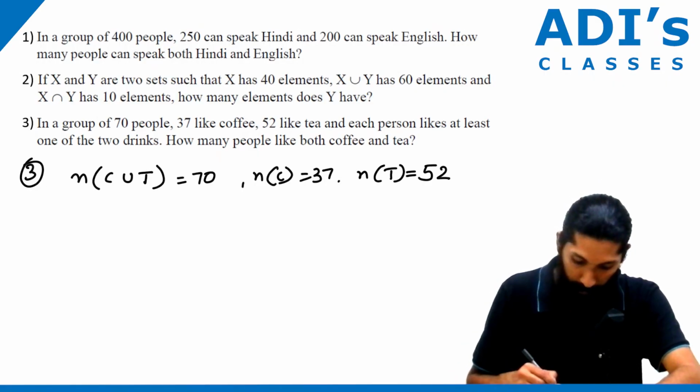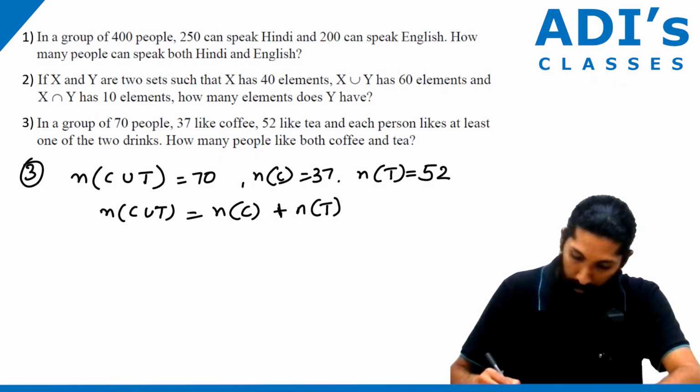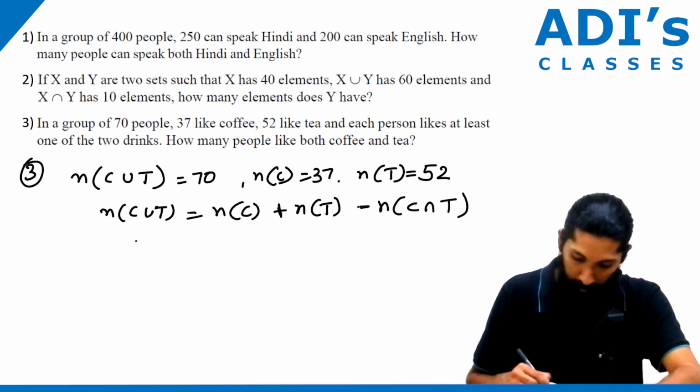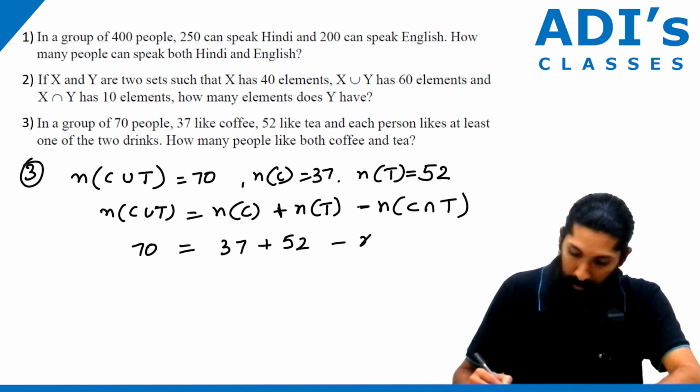So you have n of C union T is equal to n of C plus n of T minus n of C intersection T. So you have 70 is equal to 37 plus 52 minus, I'll just call it as x.